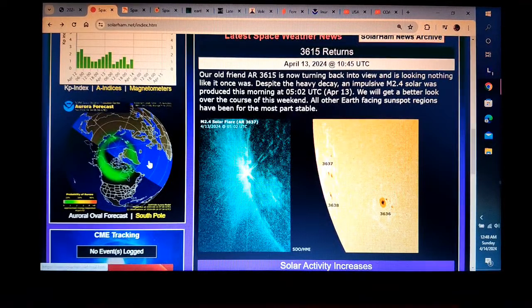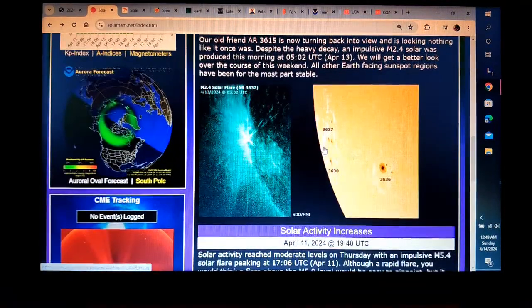All right, let's get into this. Our old friend 3615, not our friend, our old nemesis 3615 is now turning back into view and is looking nothing like it once was. Despite the heavy decay, the impulsive M2.4 solar flare was produced this morning at 5:02. We will get a better look over the course of the weekend, hopefully when they update some data.